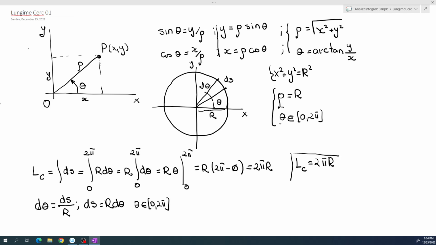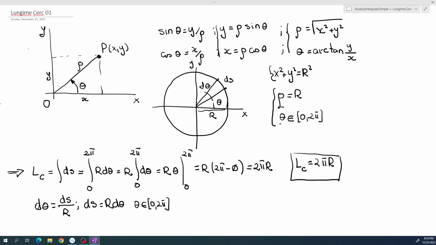Of course, this is no big deal, and everybody knows the length of the circle. The most important thing is that the calculation using polar coordinates was extremely short and easy.